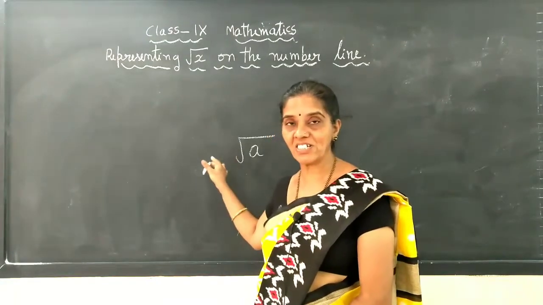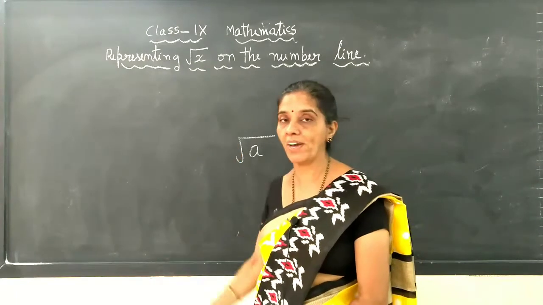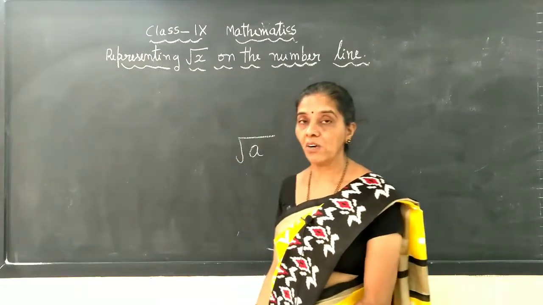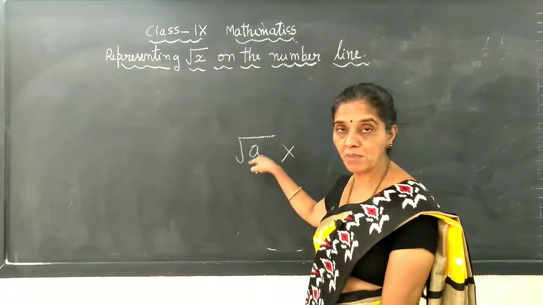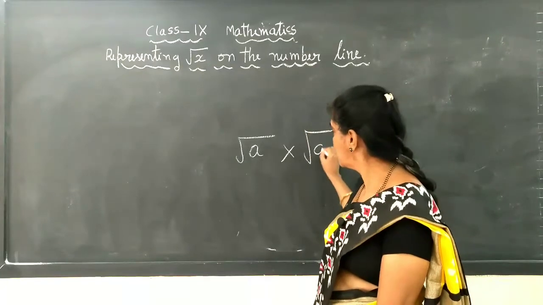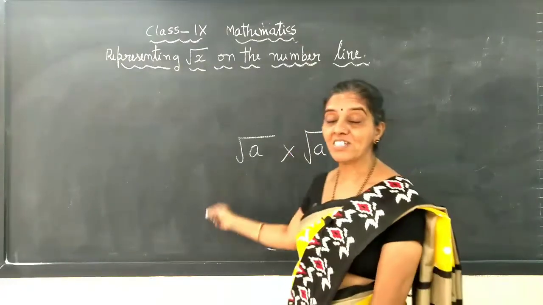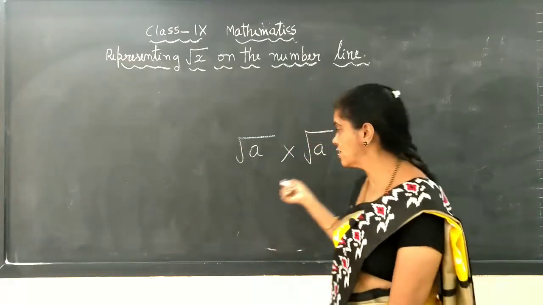This is an irrational number if it is in this form, square root number like square root 2 or square root 3, etc. Now, by multiplying the same square root number, we can rationalize this number. The irrational number we can change into a rational number.